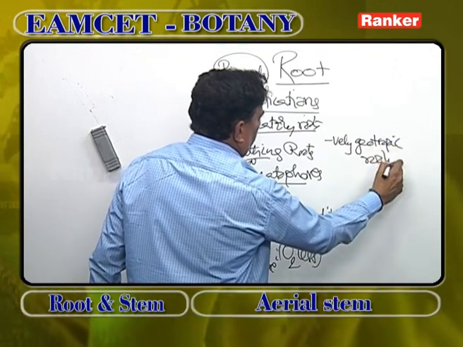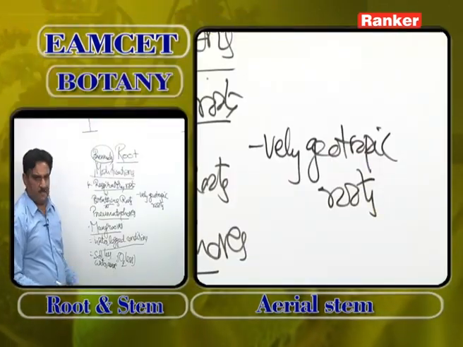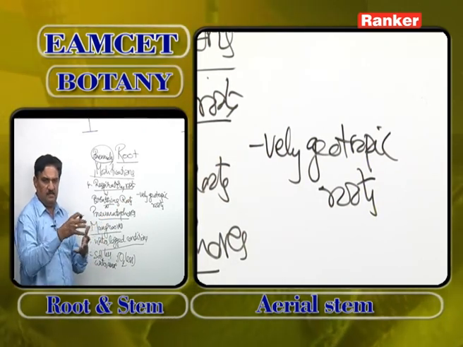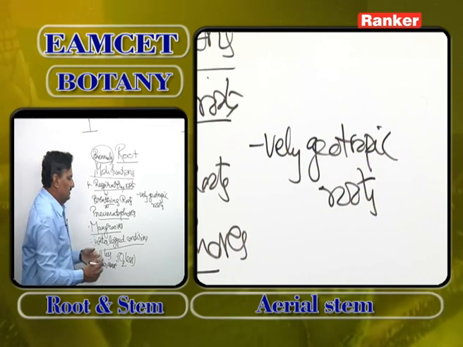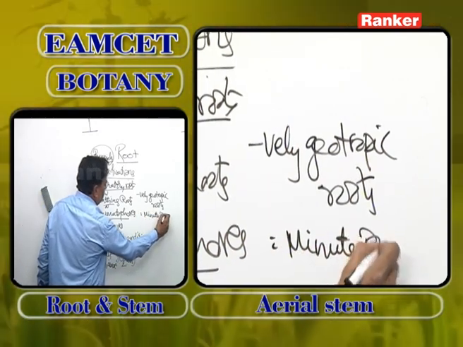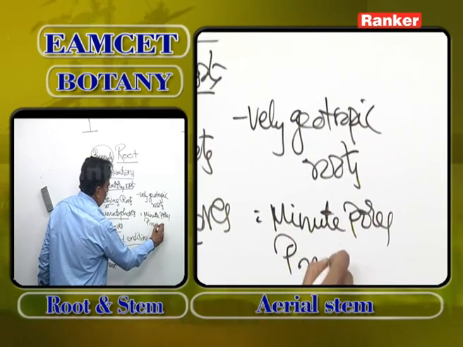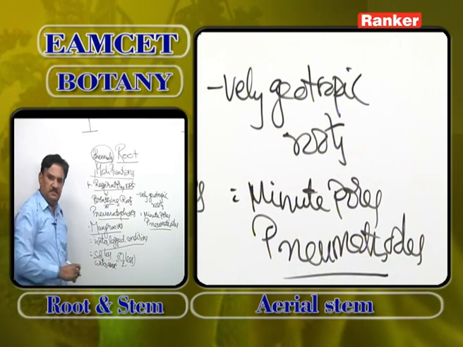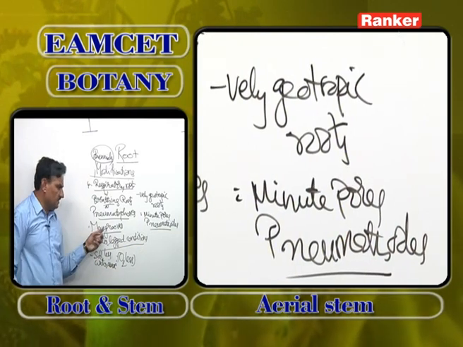These are the only negatively geotropic roots in the plant kingdom. These negatively geotropic roots grow above the soil around the stem, and contain minute pores called pneumathodes. Through these, oxygen is absorbed, carbon dioxide is liberated out.